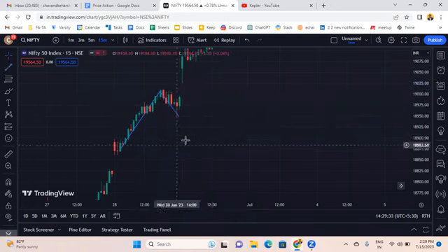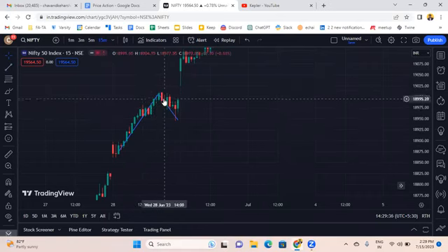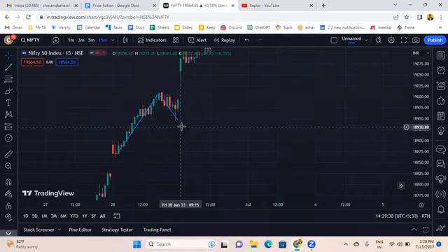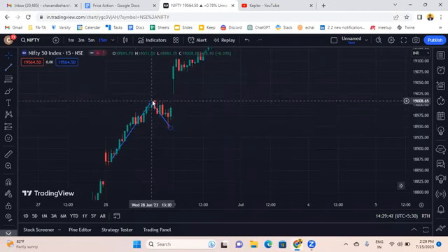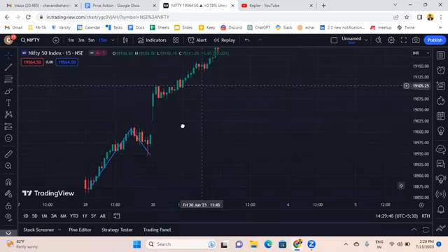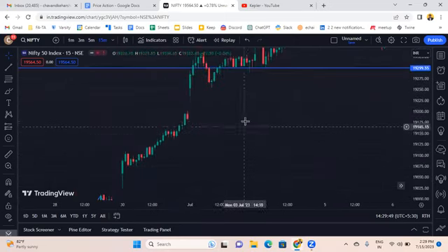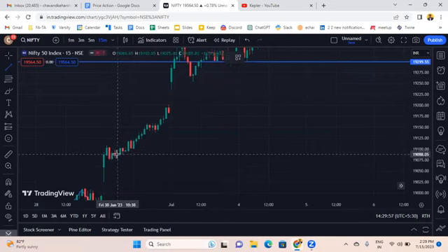What they will do is, if an impulse happens, they will wait for the price to get some sort of correction, retracement or pullback. Then they will enter over here and join the rally. Similarly, a pullback can be big or small.